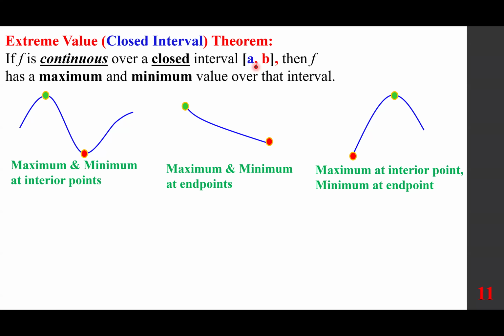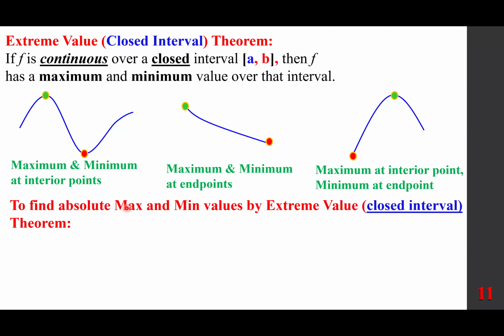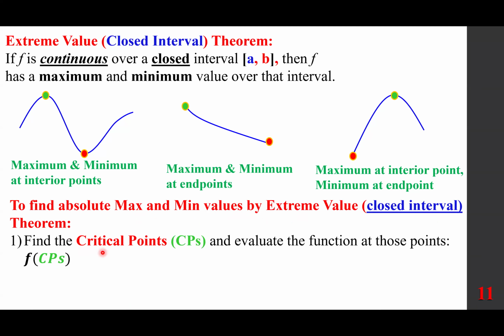That's a very important theorem. And so having said that, to find absolute max and minimum values by the extreme value or closed interval theorem, we do the following. Number one, find the critical points, CPs, and evaluate the function at those points. So we find the critical points, evaluate the function.